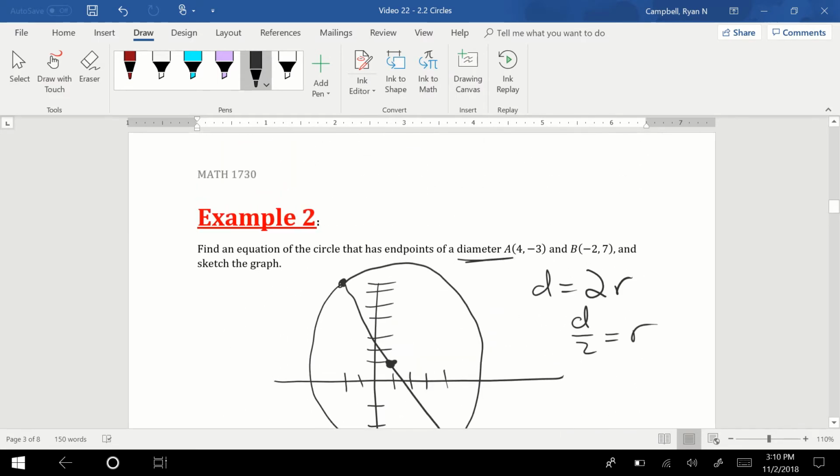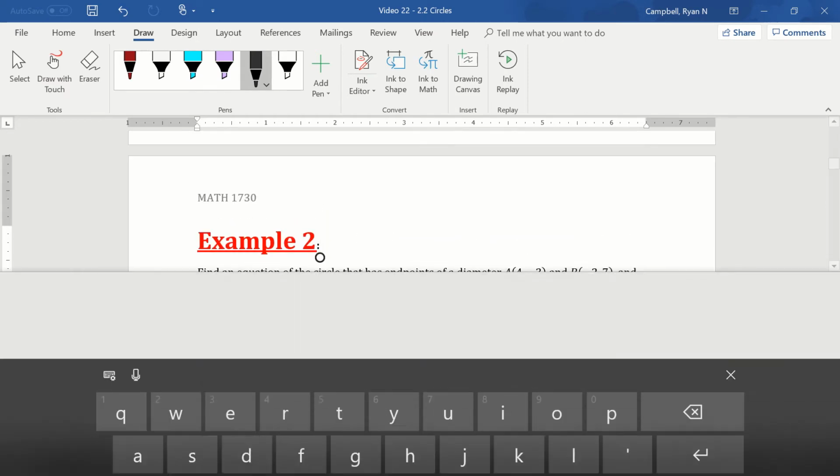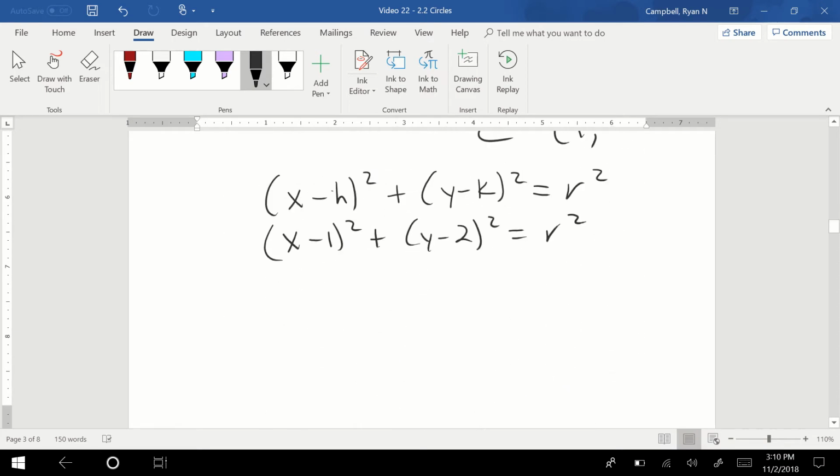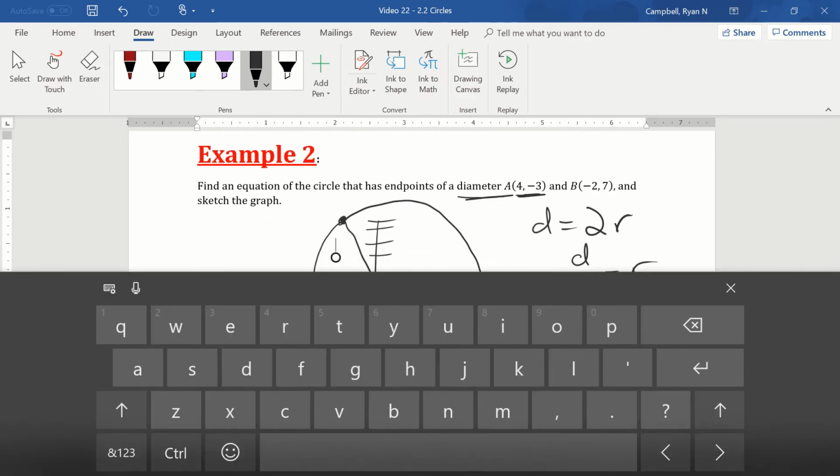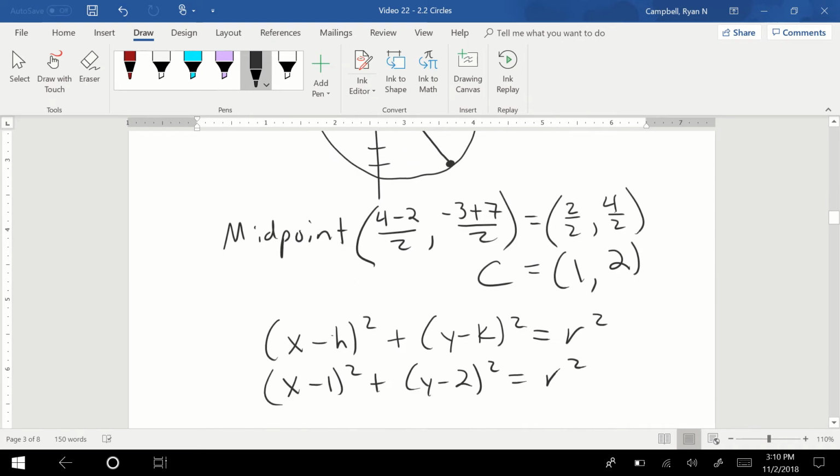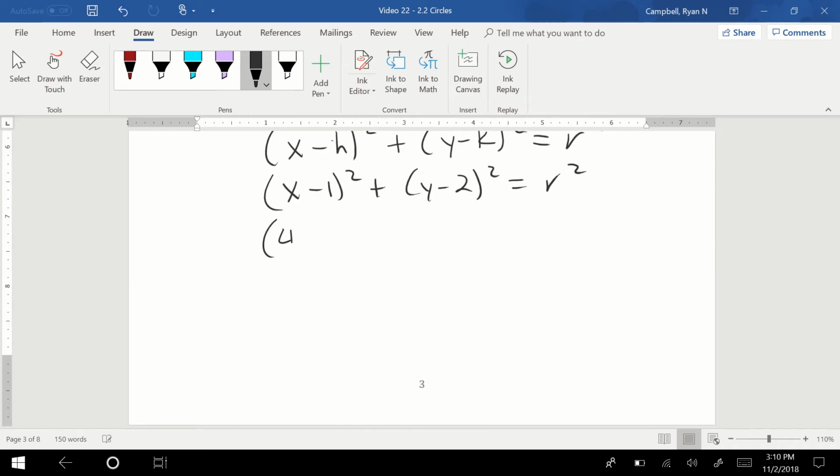So just like last time, we can just pick one of our points. It doesn't matter which one. So we can pick 4, -3, and we can plug that in. All right. So 4 minus 1 squared plus -3 minus 2 squared equals r squared.